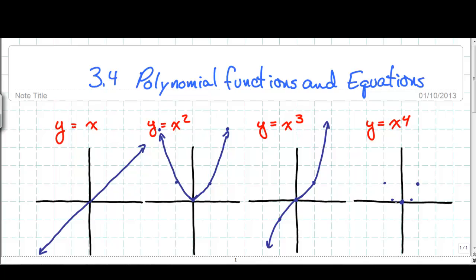So as the parabola sort of came up towards the 1, this one ends up staying quite flat before sharply going up. Flatter around here than the parabola is.